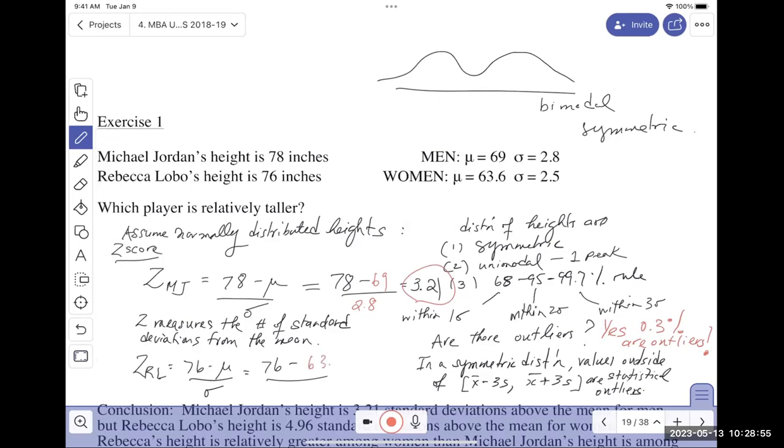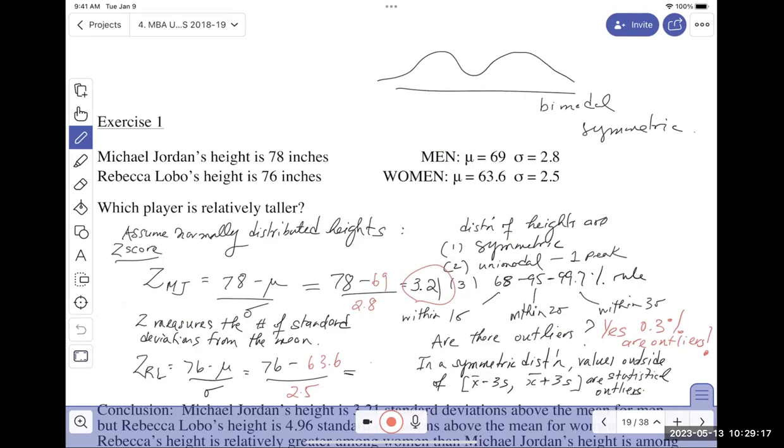So for her group, 63.6 is the mean and 2.5 is the standard deviation. So you get, so women are shorter, and she's almost as tall as Michael Jordan. It's going to be further apart.